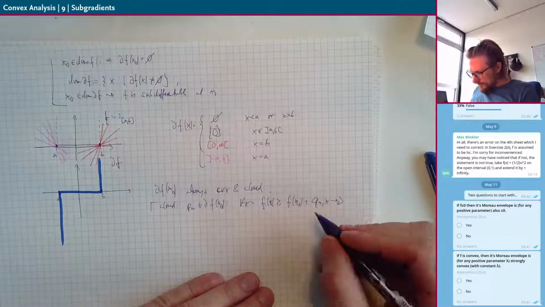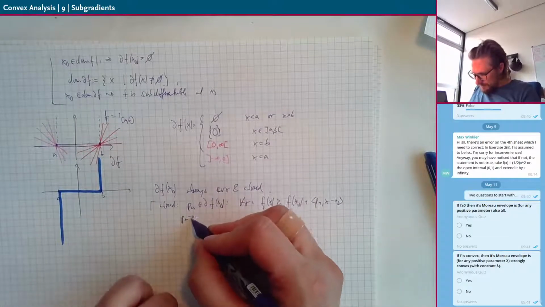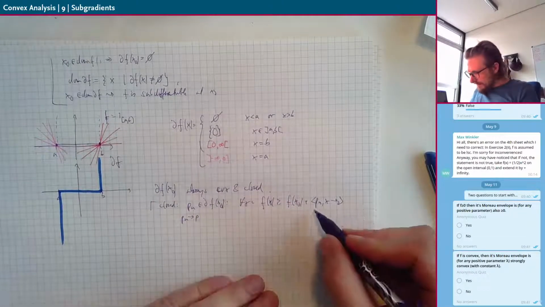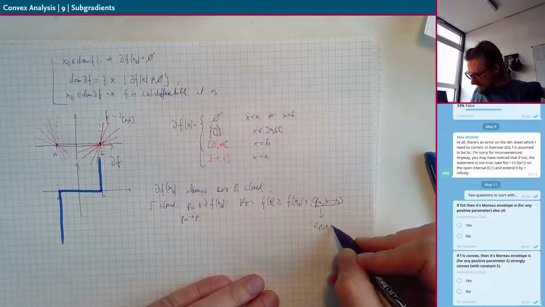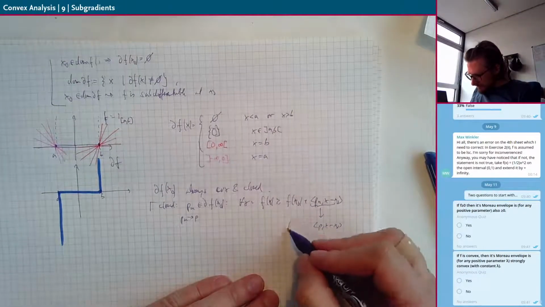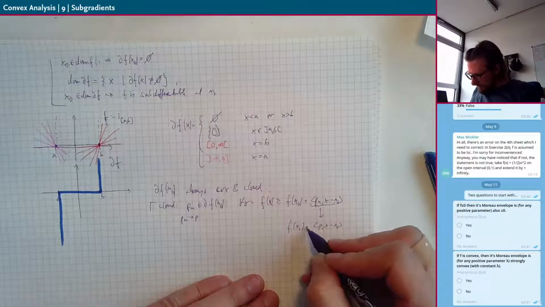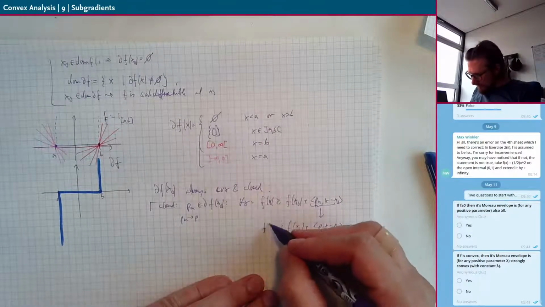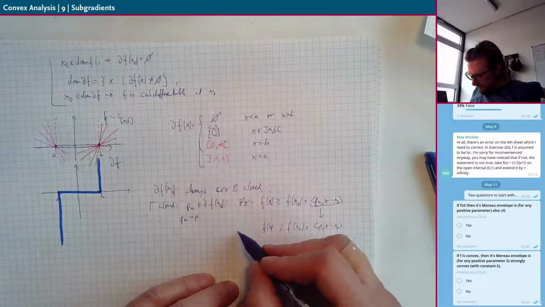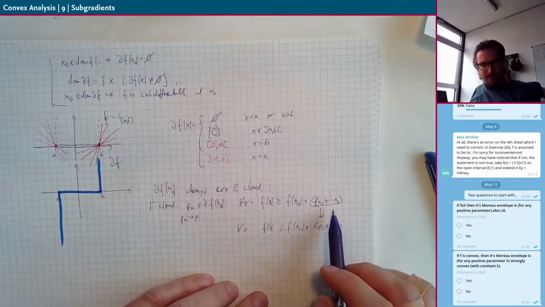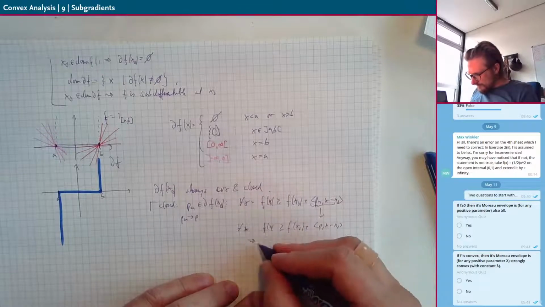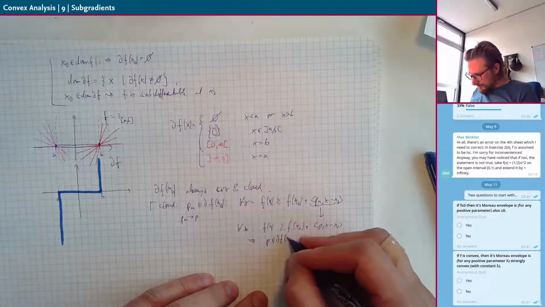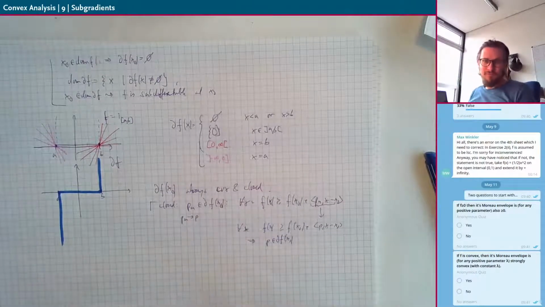If you now have that Pn converges to P, then by continuity of the inner product, this converges to P times x minus x0, and of course the rest stays the same. So this holds for all x. In the limit, everything stays true, so this still holds for all x, and this shows that P is in the subgradient, and this shows closedness, sequential closedness.